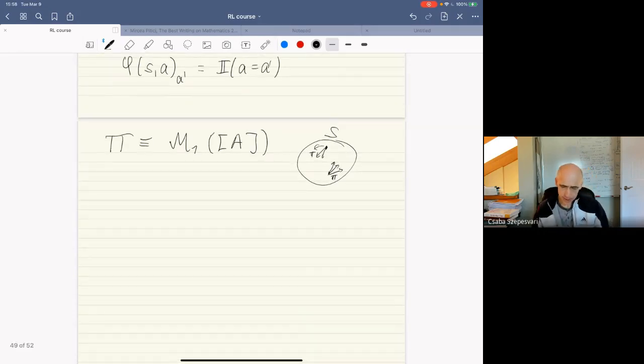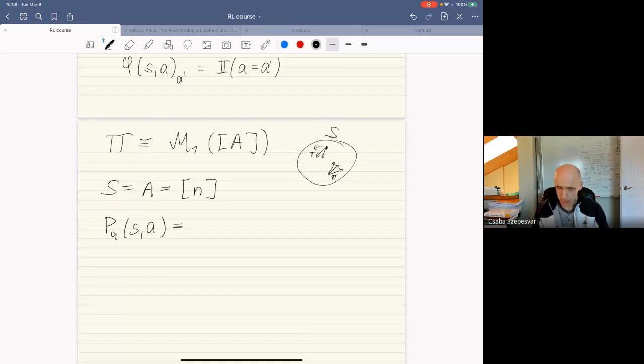And the example that is going to show hardness is going to be an MDP with the same number, let's say n, of states and actions. Okay. And to specify the MDP, we need to specify the transition probabilities.